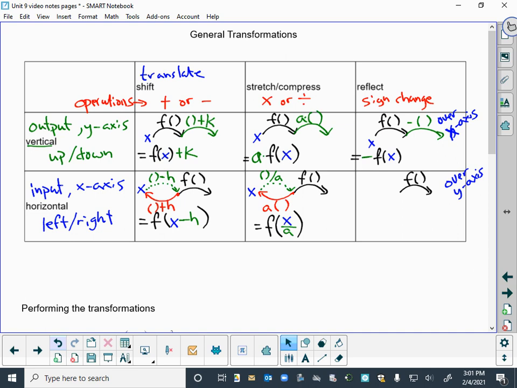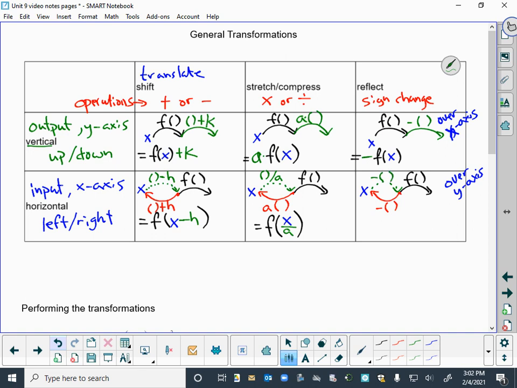That's going to be reflecting side to side, and that side to side horizontal motion then is a change to the input, and it's still a sign change. And when we drop the x in, though, then we need something going back this way. And it turns out that the inverse operation to changing a sign is changing a sign.